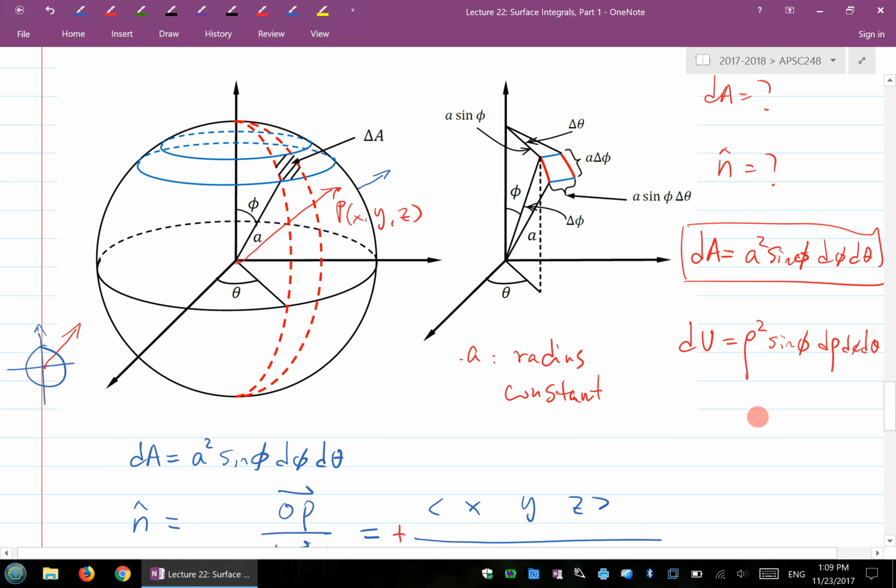If you recall the process of finding phi and theta in a triple integral, how do we find phi? We basically draw a reading line first, but the first step is for rho. The second step is to sweep this reading line starting from the z-axis and then sweep all the way through this surface.